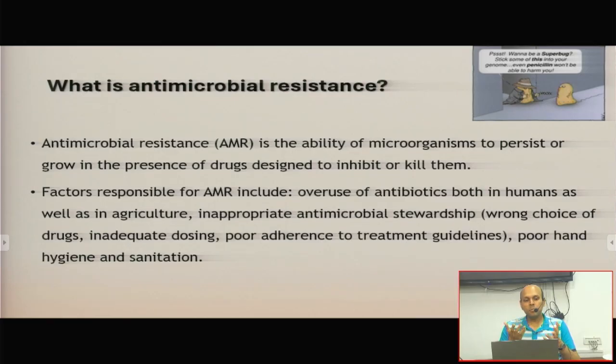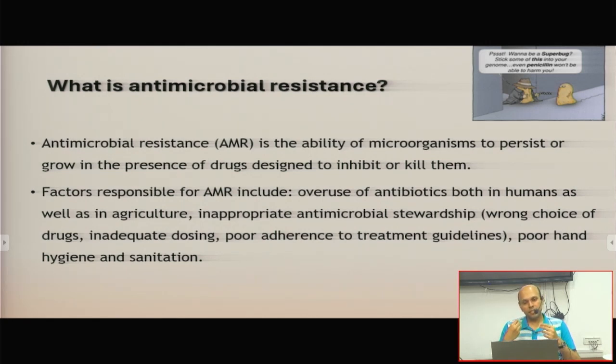Factors responsible for AMR: I don't think I need to tell you what factors will select for AMR. Most common is overuse of antibiotics in humans as well as agriculture, and inappropriate antimicrobial stewardship.